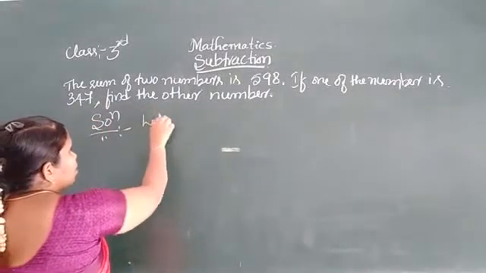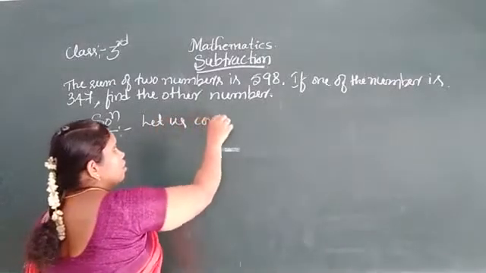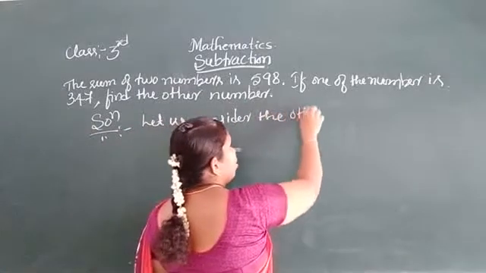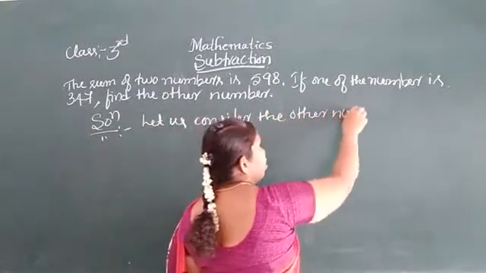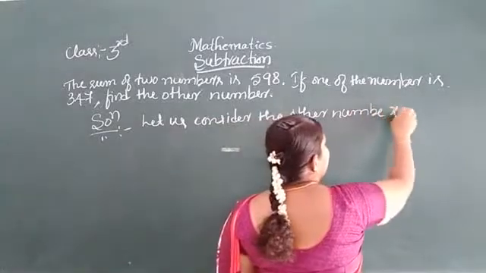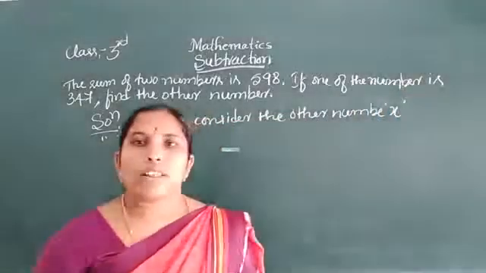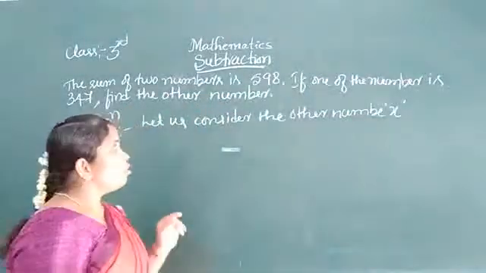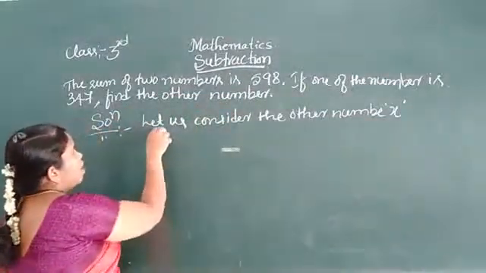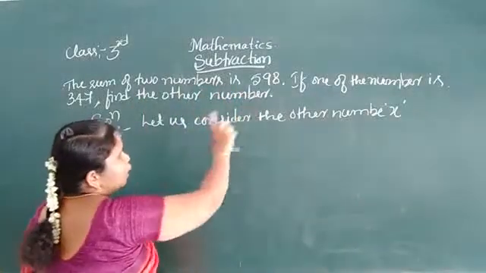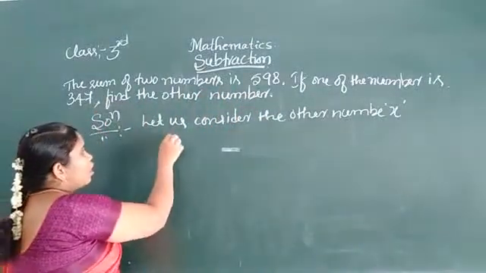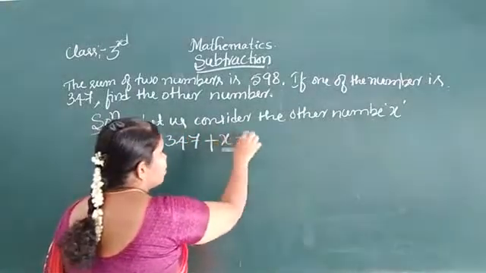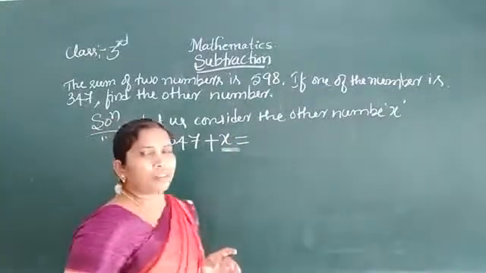Let us consider the other number be x. Now the sum of the two numbers is 598. One number we know is 347, plus the other number x is equal to how much?